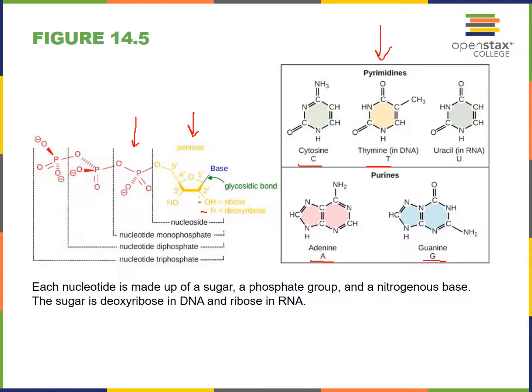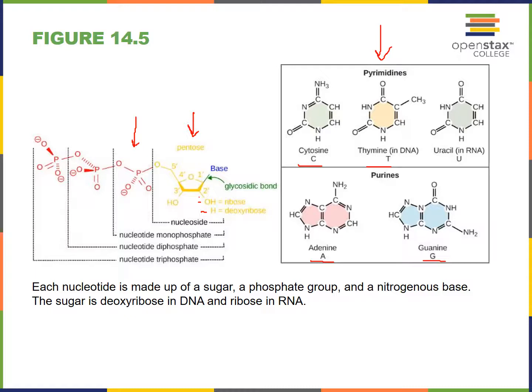Chargaff learned that when he analyzed the content of DNA from different species, the amount of cytosine roughly equals the amount of guanine, and the amount of adenine equals the amount of thymine.